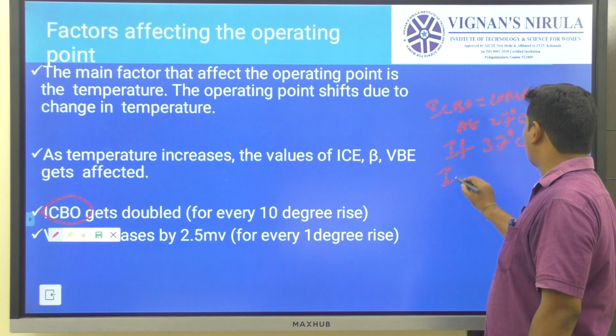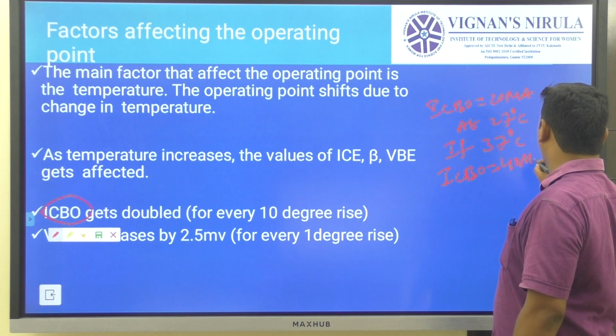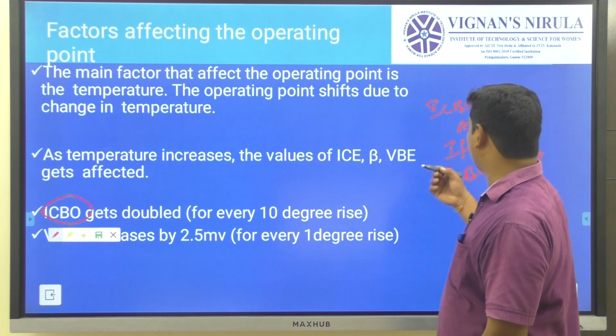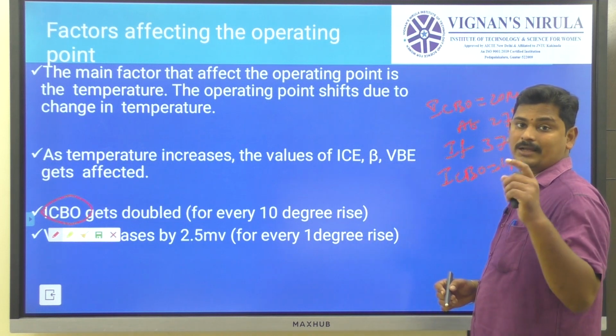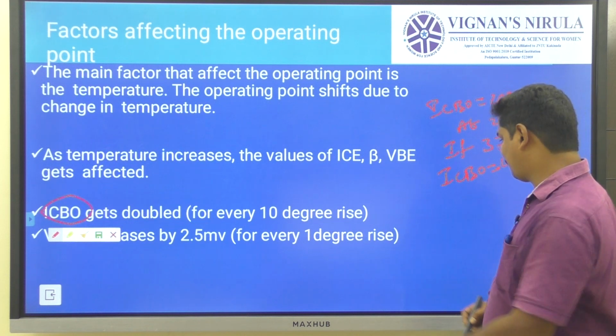That is, the value of ICBO will be 40 microamperes. So if the ICBO value varies, automatically the collector current will also vary. Due to this impact, the Q point will shift.